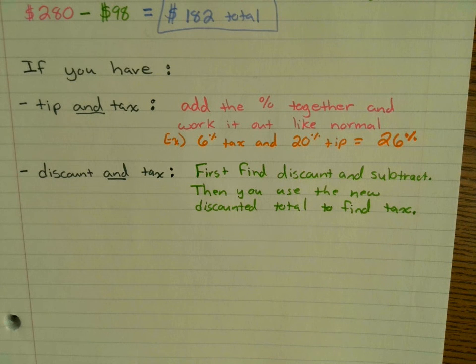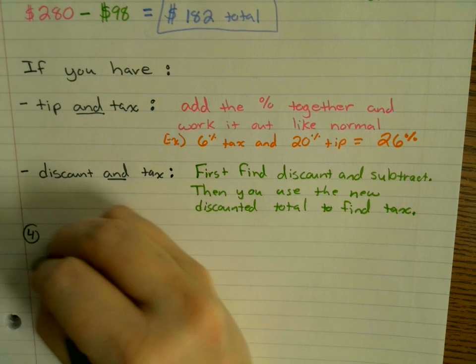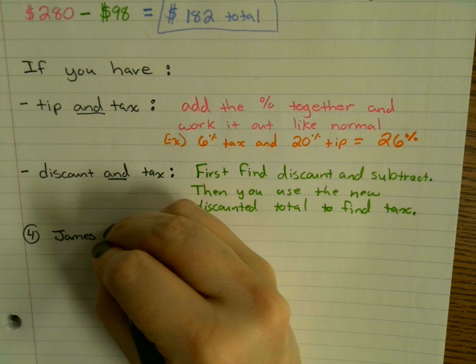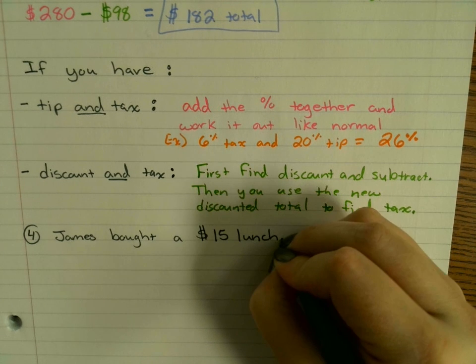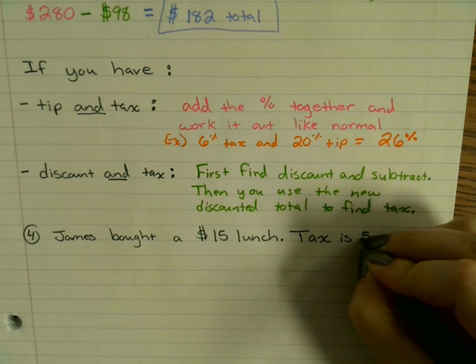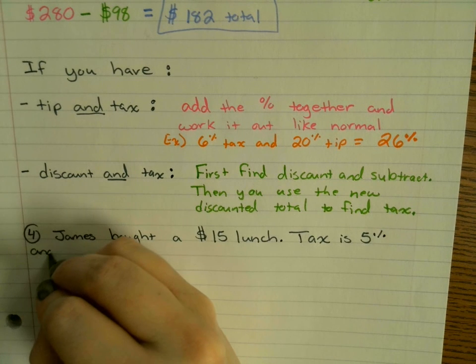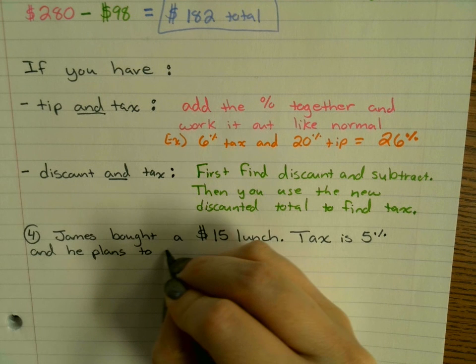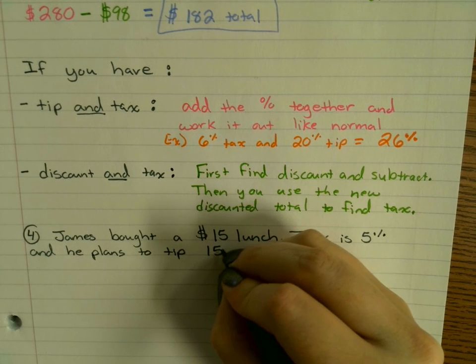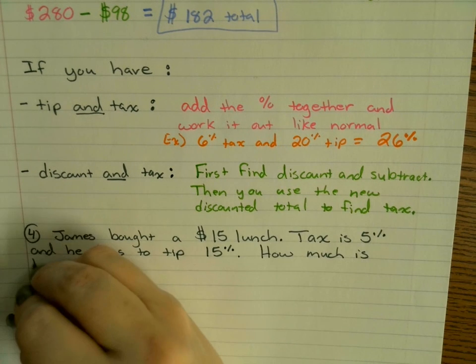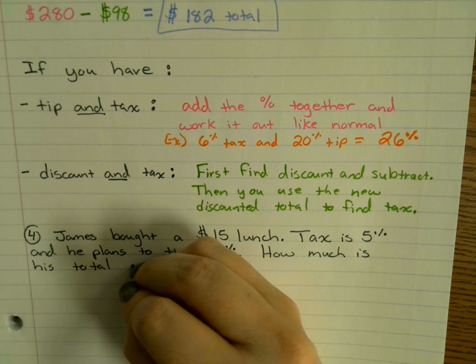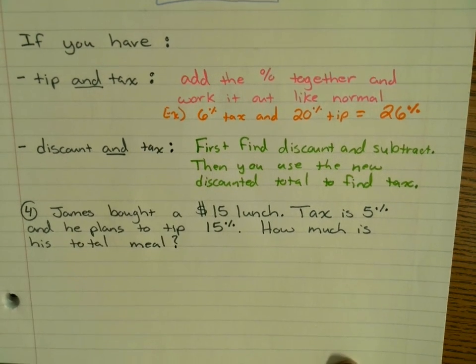Then use that new discounted total to find your taxed amount.